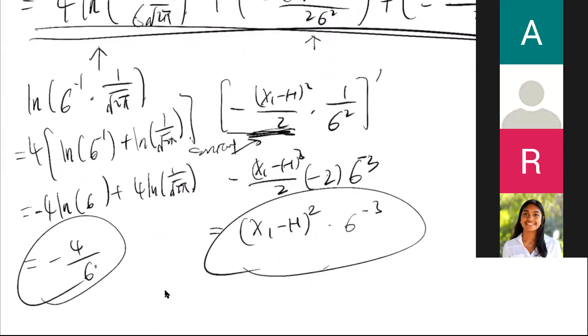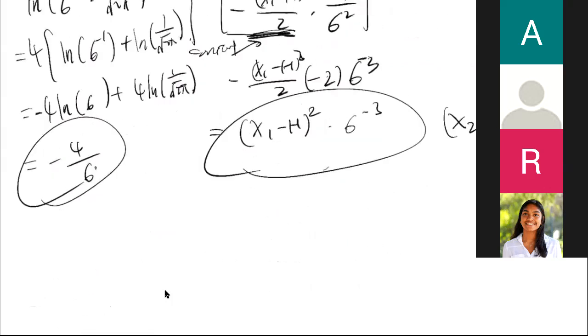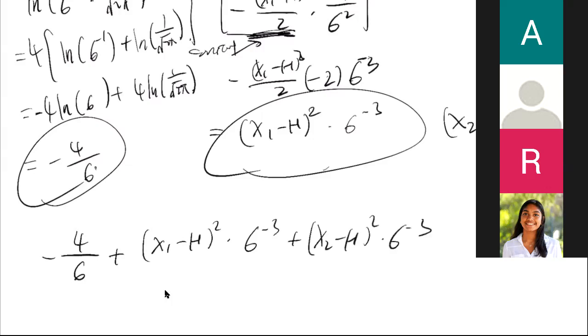That's the derivative of the second term. Similarly, for the third term, it will be (x2 minus mu) squared times sigma to the negative 3. So at the end, we get negative 4 over sigma plus (x1 minus mu) squared times sigma to the negative 3 plus (x2 minus mu) squared times sigma to the negative 3 and so on, and we set this equal to 0.